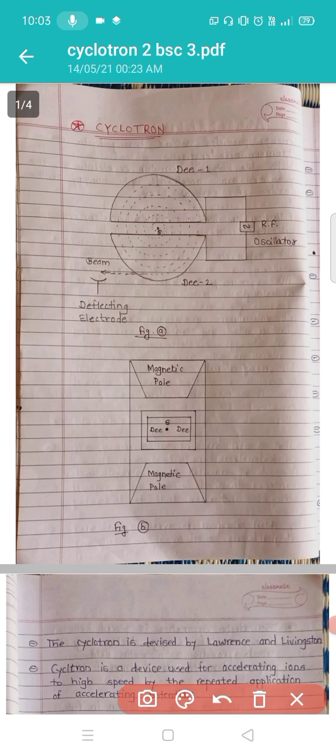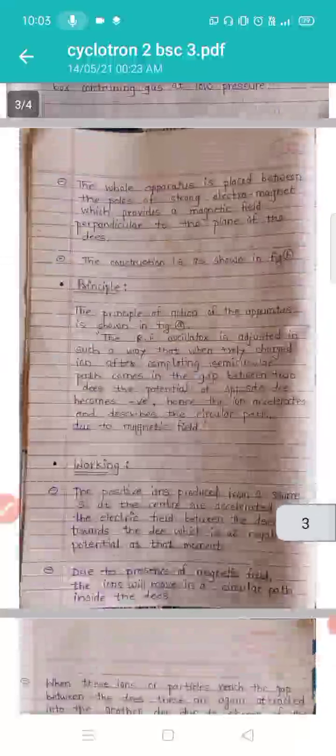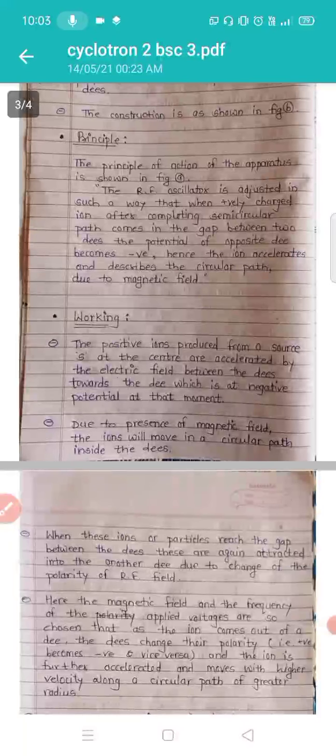Hence, the ion accelerates and describes a circular path due to the magnetic field. Okay, this is the principle of the cyclotron.